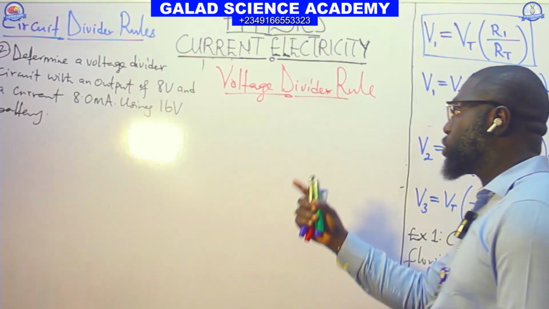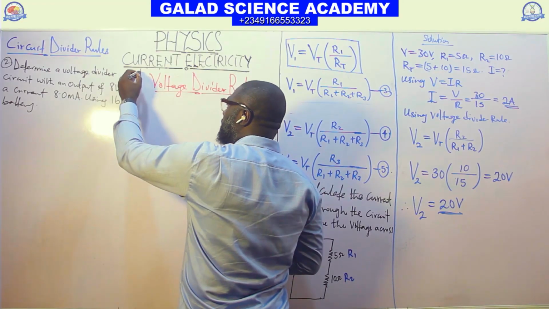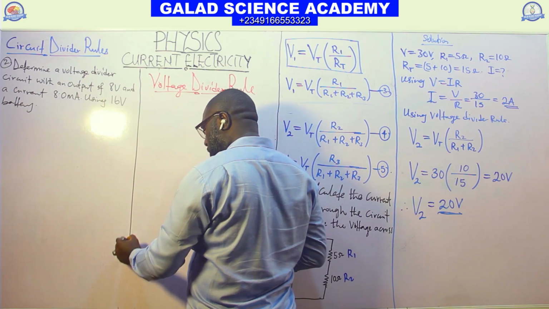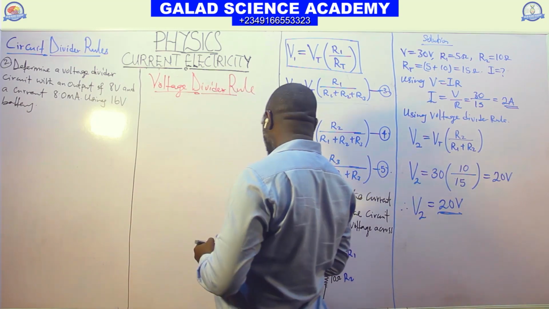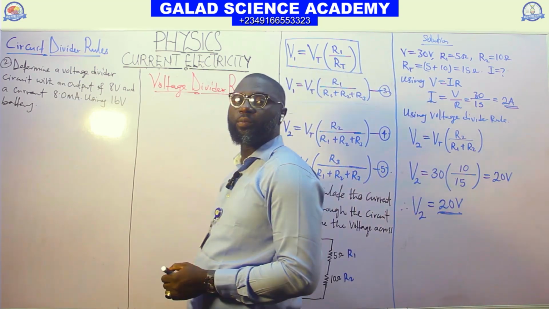So let us solve this question, number 2. You will see that the first question here, they gave us a diagram. This one is the word problem.